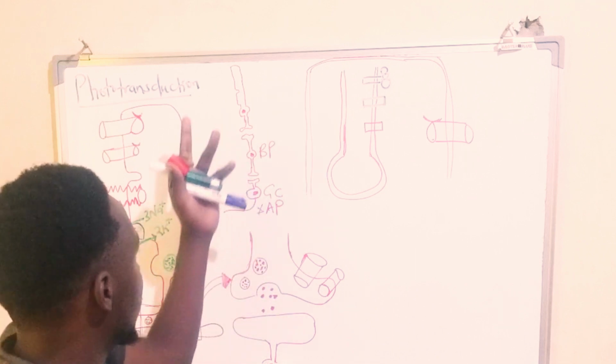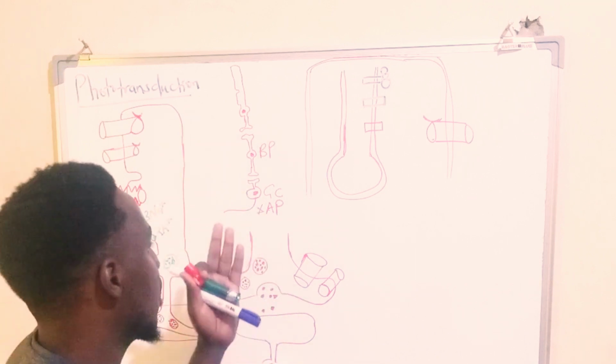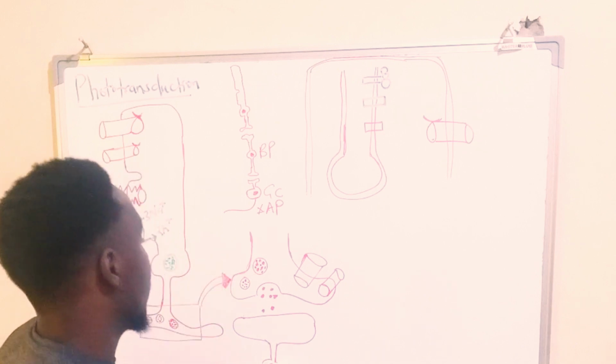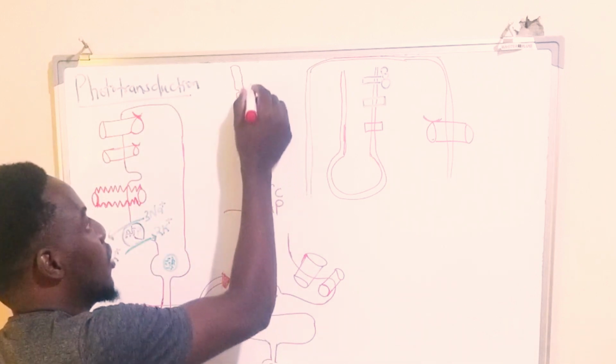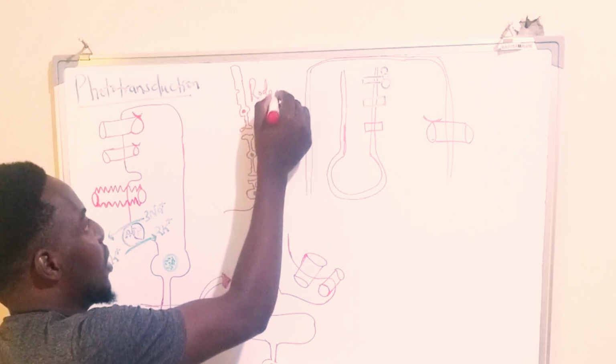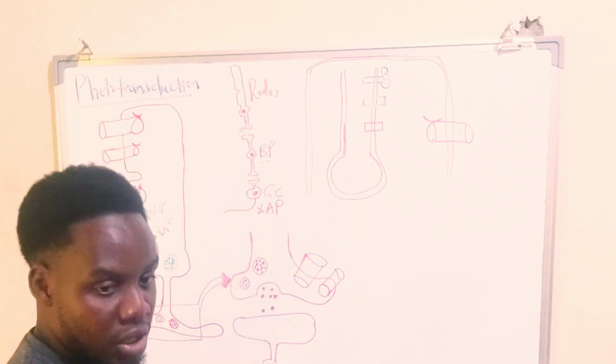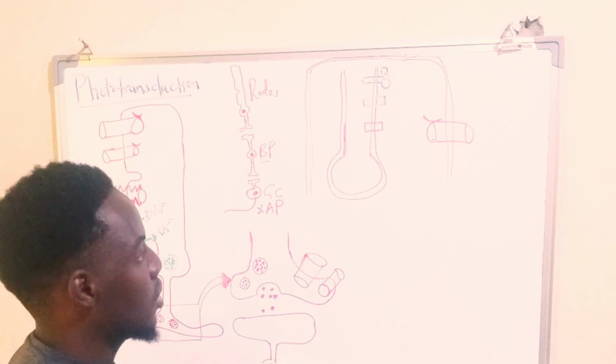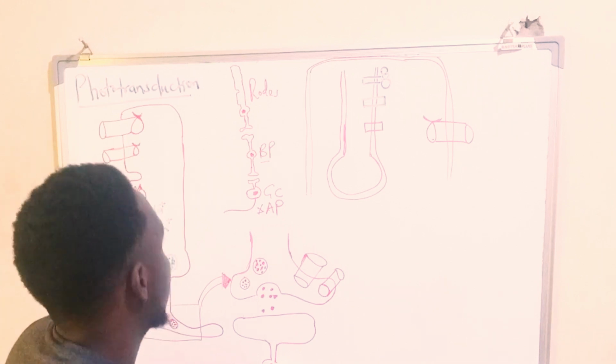Action potentials in phototransduction are generated in the ganglionic cells of the visual pathway. In bipolar cells and rods, you only have receptor potentials, which are non-propagating voltages across the membrane. Now, this is another part.